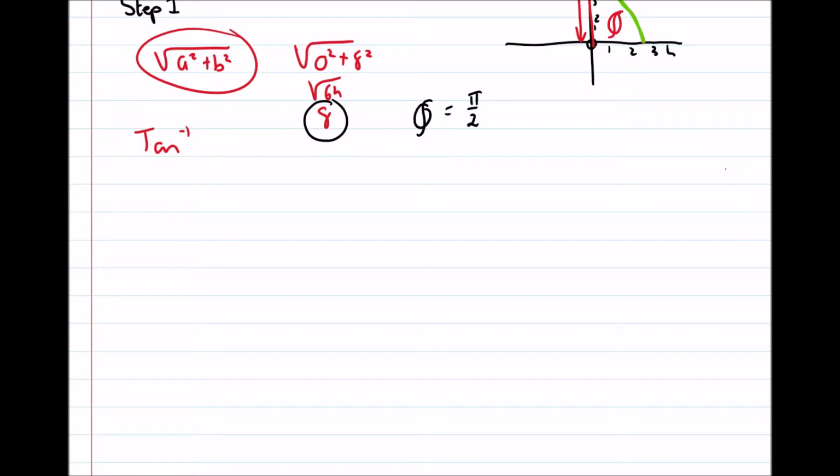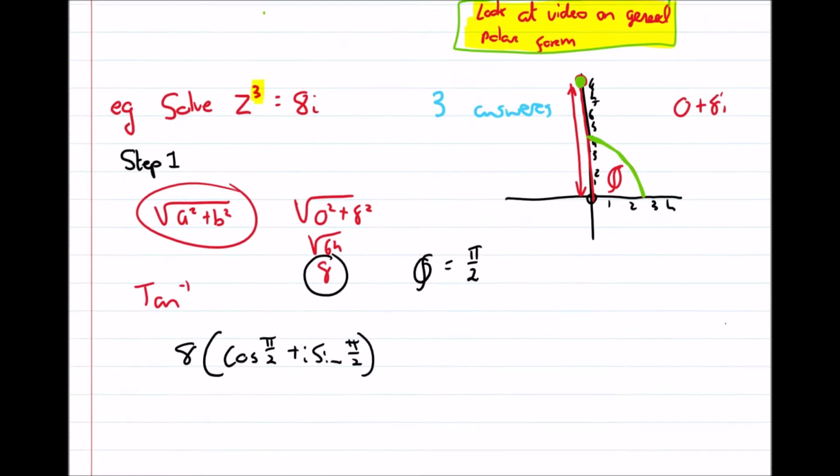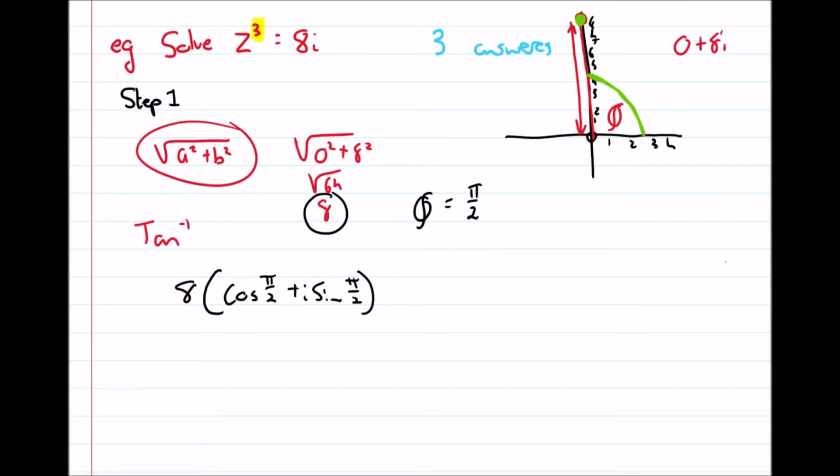So here it is in polar form. 8 cos pi over 2 plus i sine pi over 2. We put it into polar form, so now I can say, instead of z to the power of 3 equals 8i, I can say z to the power of 3 equals 8 cos pi over 2 plus i sine pi over 2.